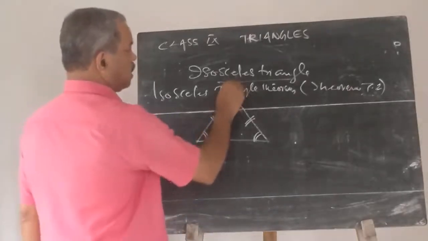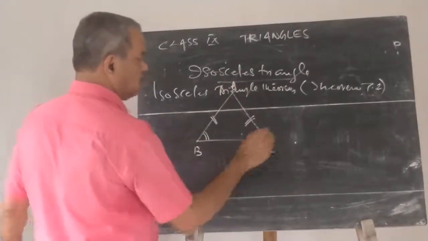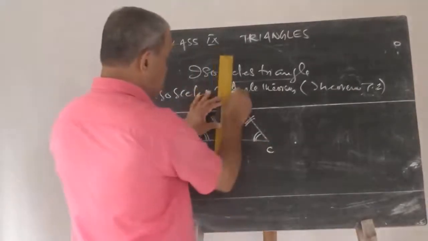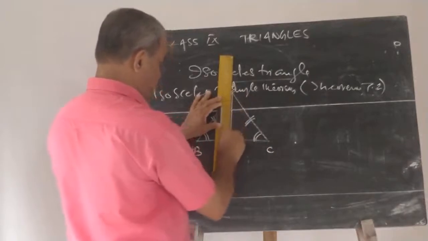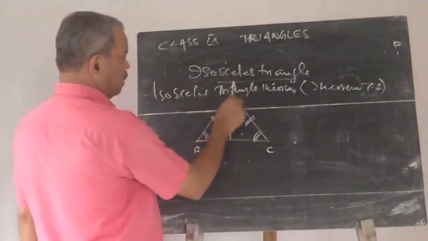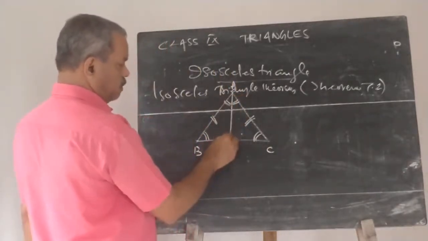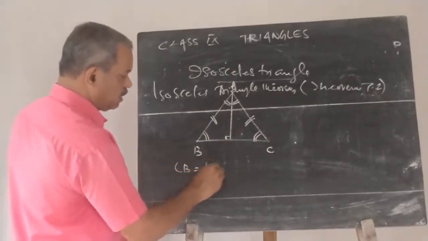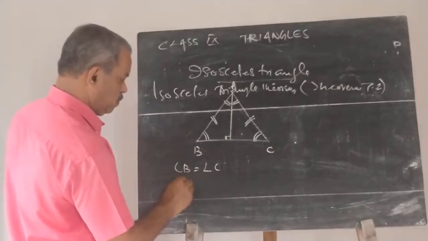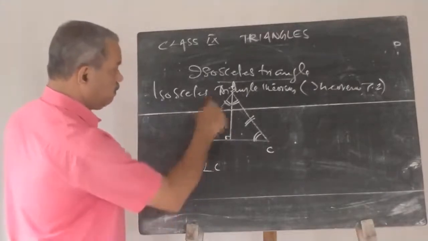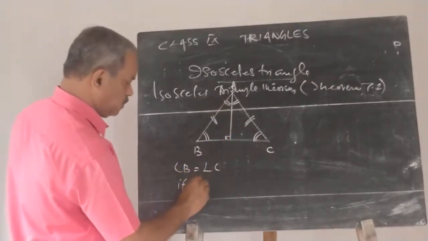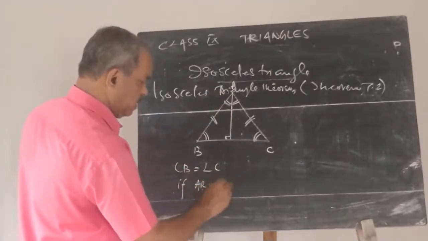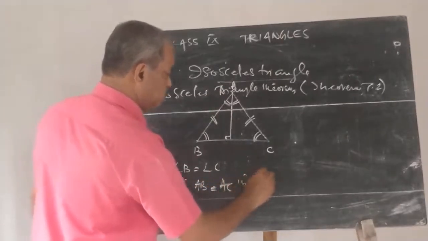Consider isosceles triangle ABC. Draw the angle bisector of A. We want to show that angle B equal to angle C if AB equal to AC in triangle ABC.